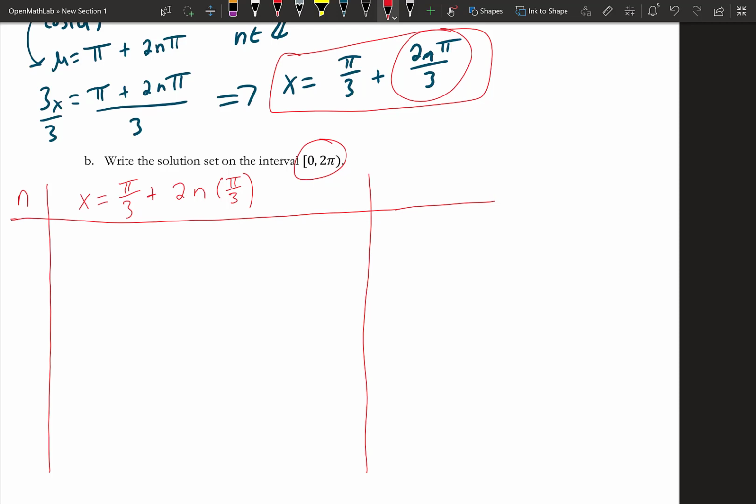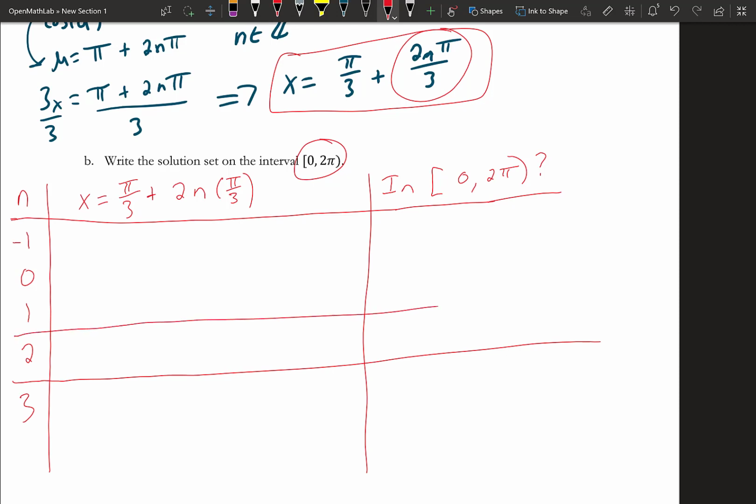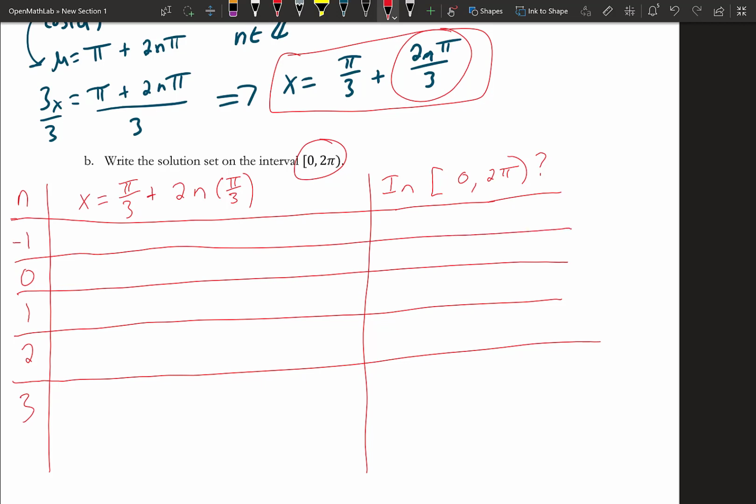And then the next column, we basically just want to ask ourselves, is this in the interval 0 to 2 pi? I'm going to plug n values of -1, 0, 1, 2, and 3 into this. The idea is to find an n value that doesn't work, and then once you find one that does work, you keep going until you find another n value that no longer works.